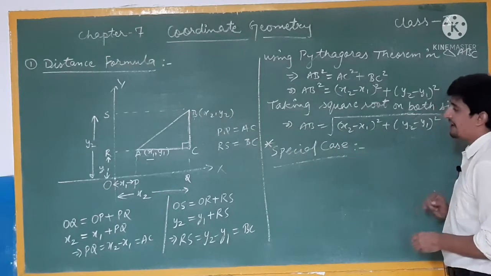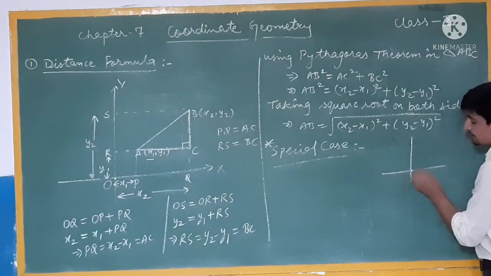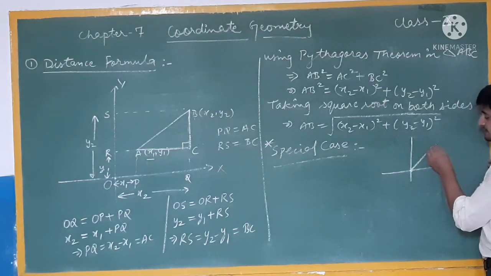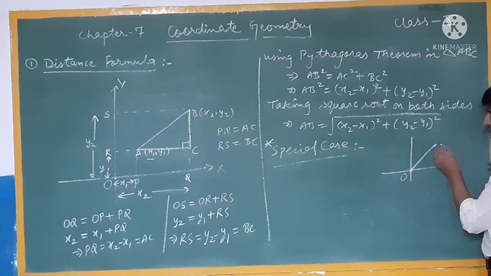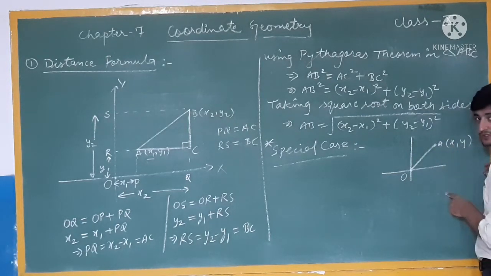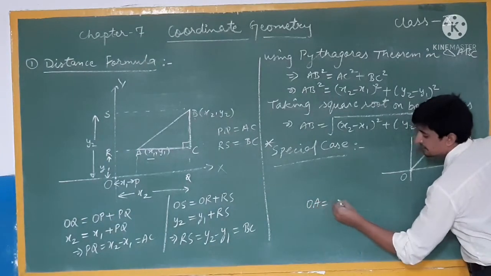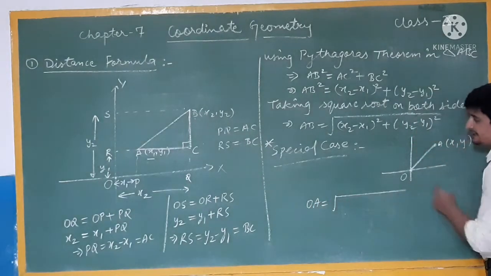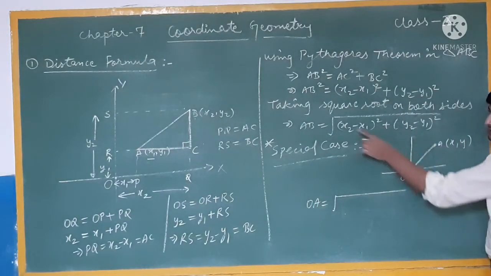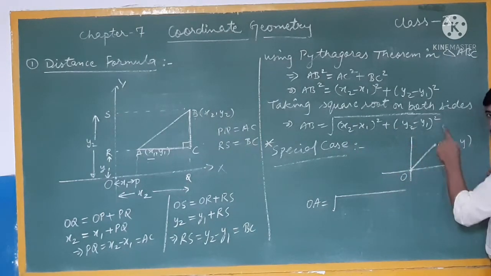In this, let's suppose I have one coordinate at the origin and another in the first quadrant. Let's suppose this is O and this one is A. The coordinates of A will be x and y, and this one we have 0, 0. The distance OA will be root over, here we have the proper formula, AB equals root over x2 minus x1 whole square plus y2 minus y1 whole square.